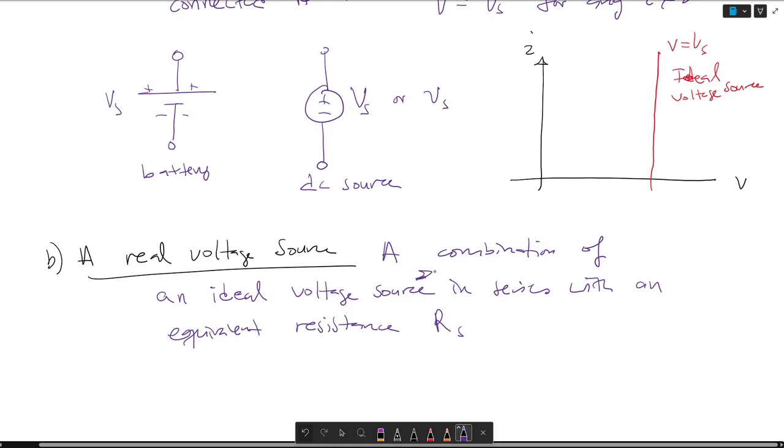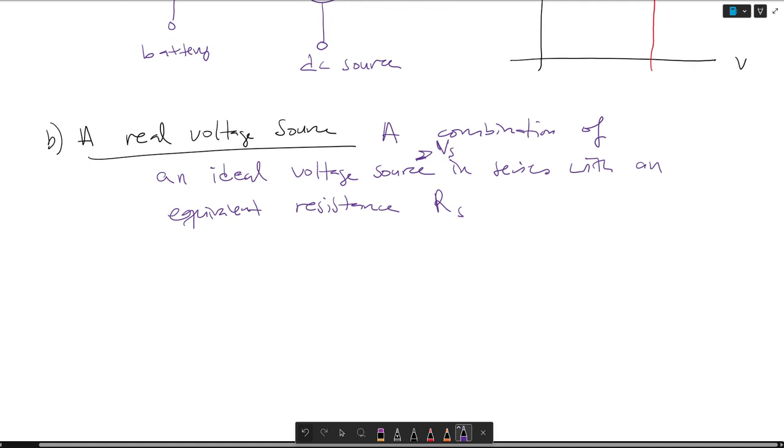The value for this ideal voltage source is Vs.